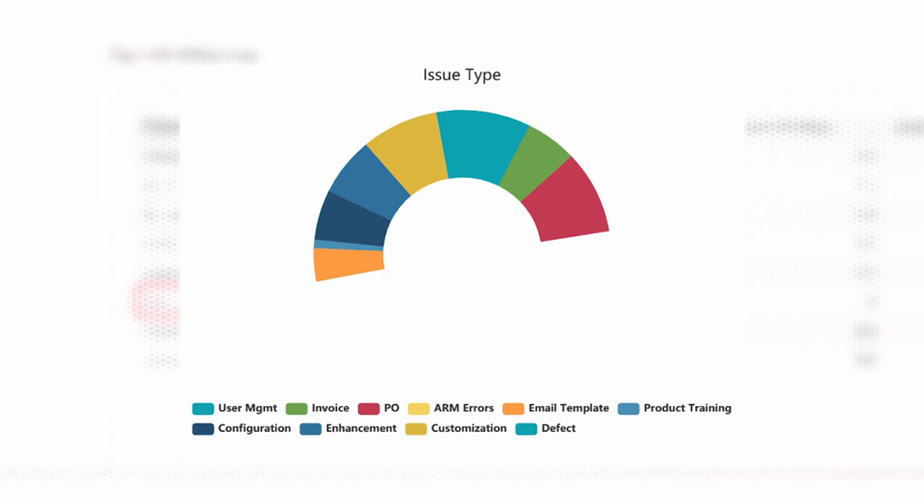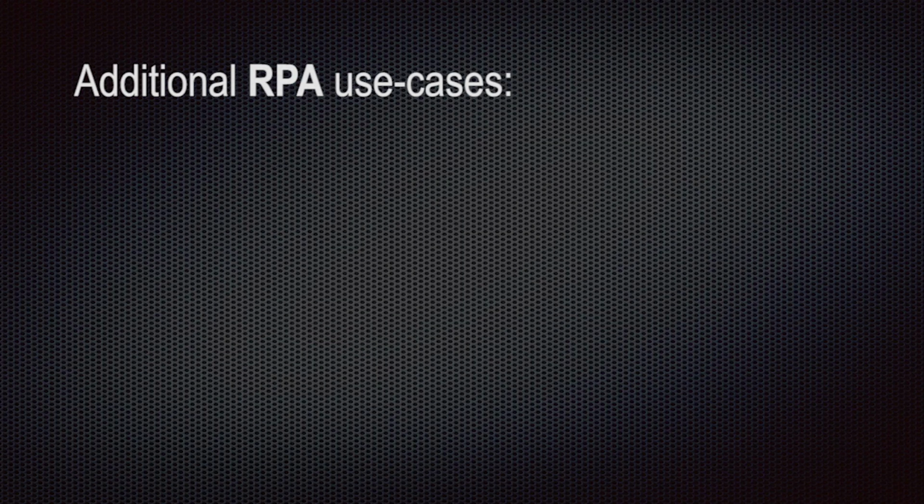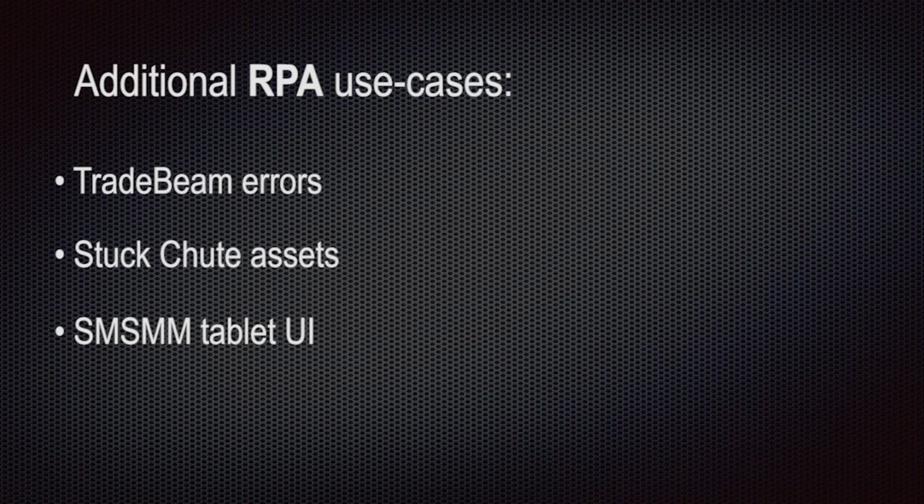workload in half. And there are also other use cases within our family of products that I have identified, such as similar automated errors in TradeBeam and shoot assets that are stuck in the workflow, also refreshing the tablet UI for SMS Masterminds.